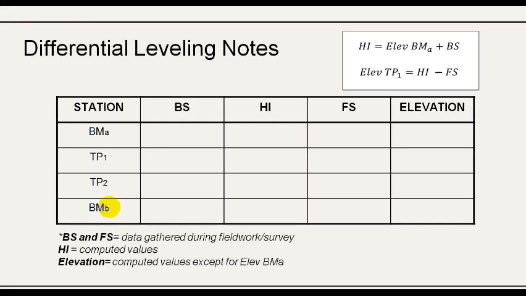Then, to compute that, kay known man ang atong BM1, kani siya elevation of BM1, known ni siya, butangan plasan nato sa atong backside para makuha ang atong HI. Then, para makuha ang elevation sa turning point 2, natay computed na atong HI minus sa atong foresight.